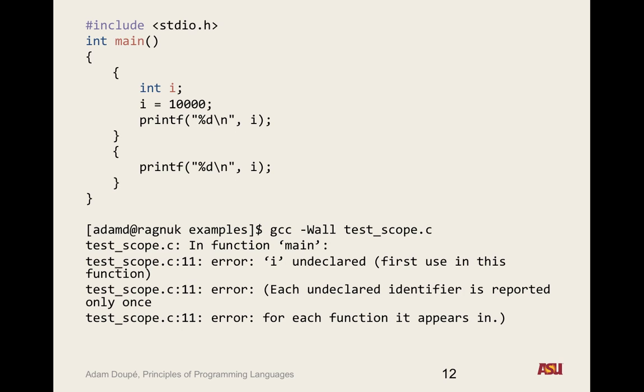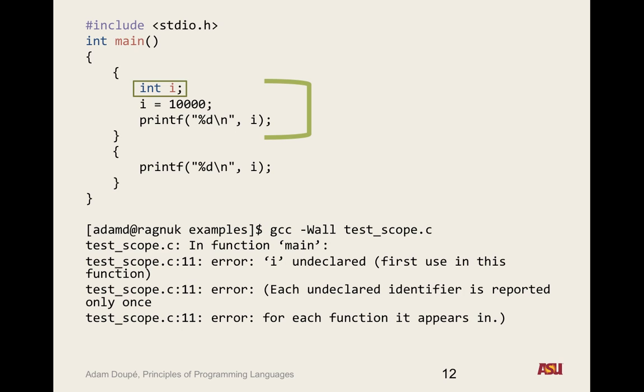Yeah? Let's say you declare I outside of that block. We'll get to it. Don't worry. This is just to show that things are local to that block, and so you can't access that same declaration in a block outside of it.